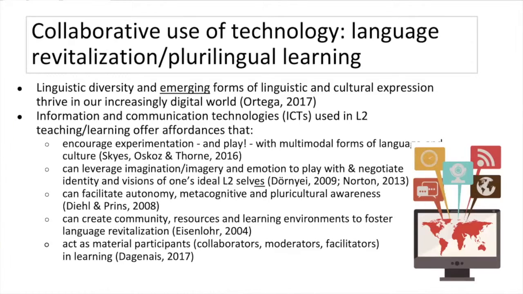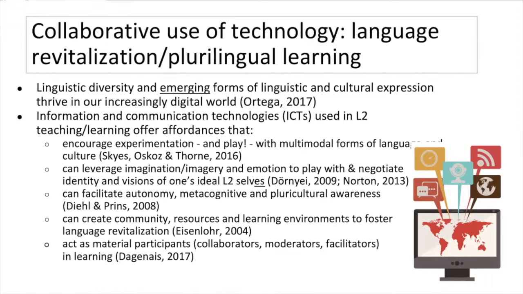So in terms of the theory, when we came into this project, when it was developed initially in 2015, we always thought we wanted some technological component. And we did that really recognizing the potential with technology to play around with linguistic and emerging forms of linguistic and cultural expression.